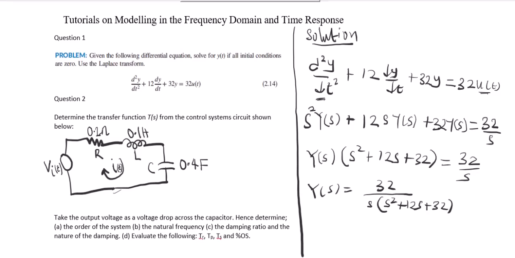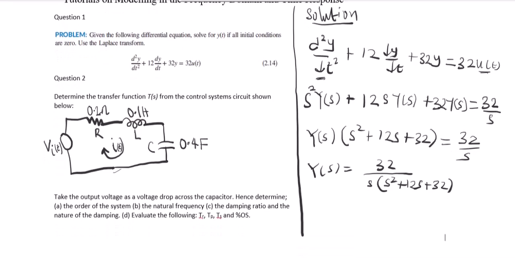This is the output response in the frequency domain. We have achieved something by transforming the system from the time domain to the frequency domain, but the output response is in the frequency domain and we need it in the time domain. That is where partial fractions come into play.